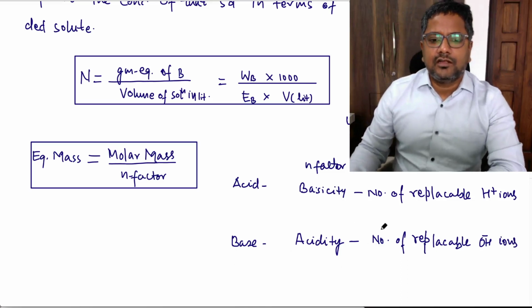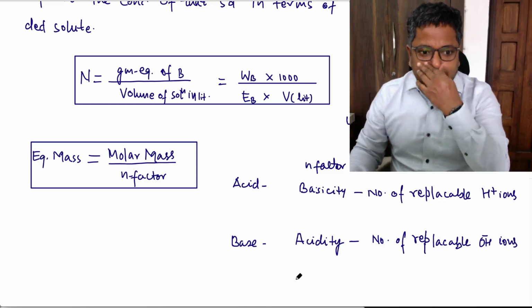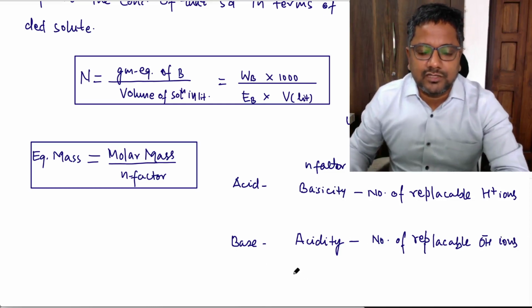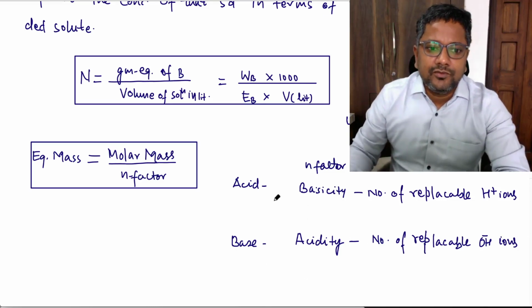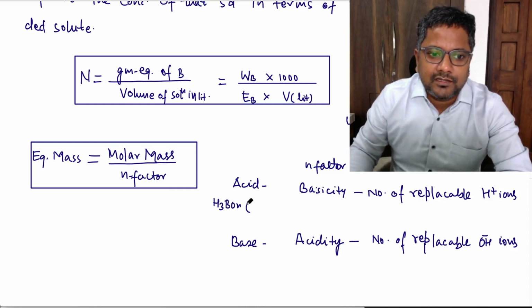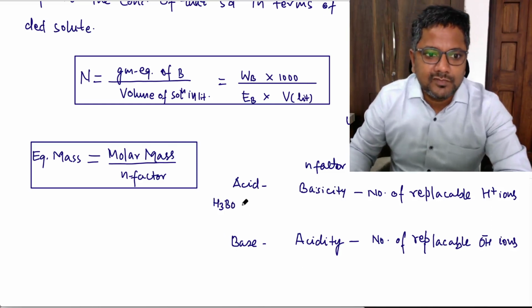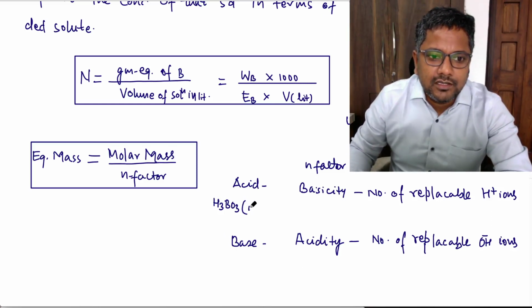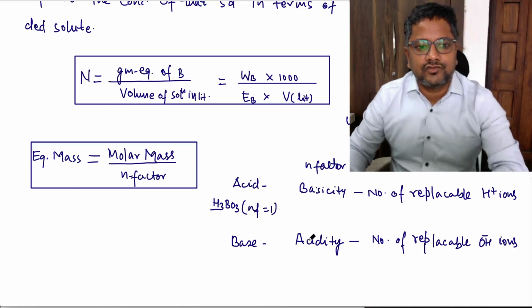So for many acids, the number of H plus present there is equal to the basicity. A few exceptions I am writing here, like H3BO3, whose N factor is equal to 1, although it has 3 hydrogen, right?